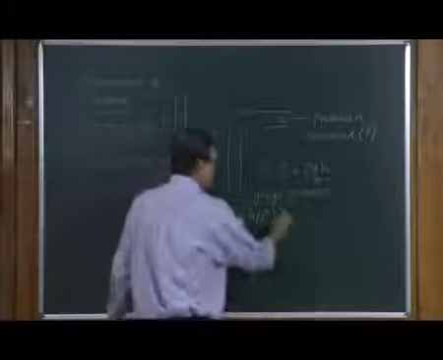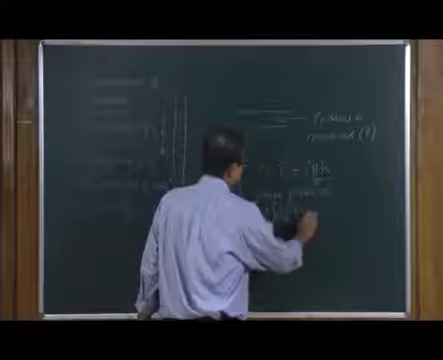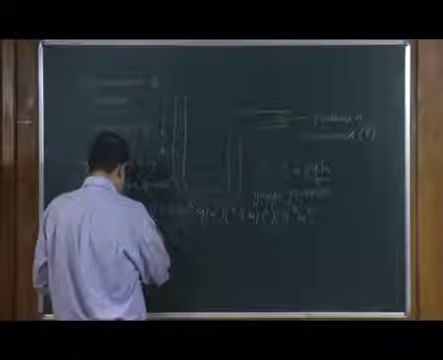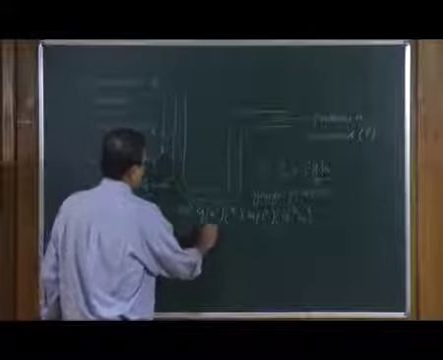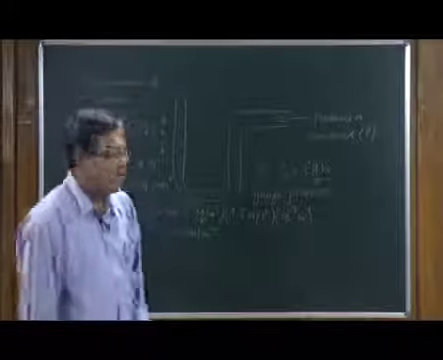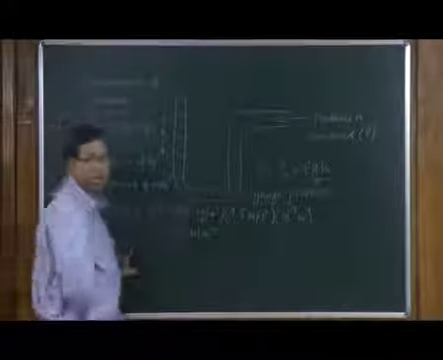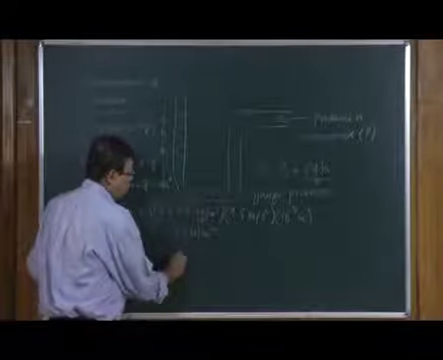So, we will take 1 millimeter, which is equal to 10 to the power minus 3 meter, and this is equal to 133 Newton per meter square. And this has a special name called TORR, equal to 1 torr.